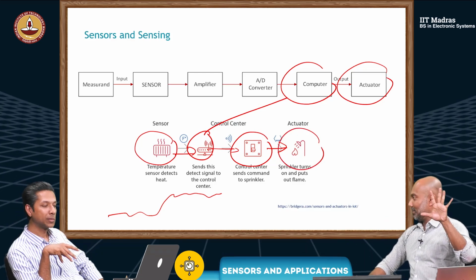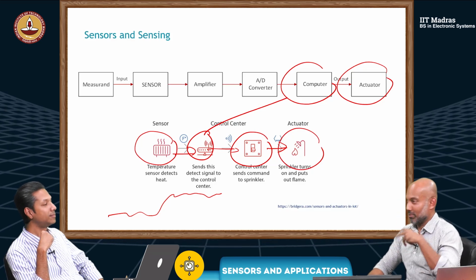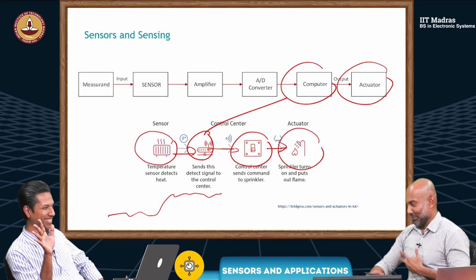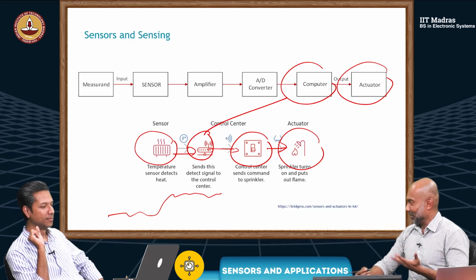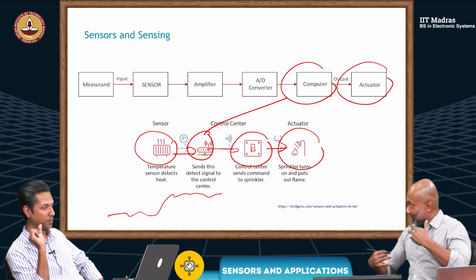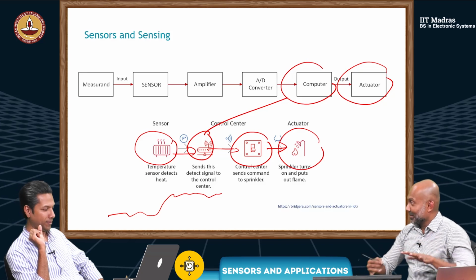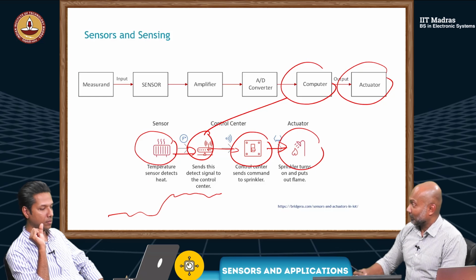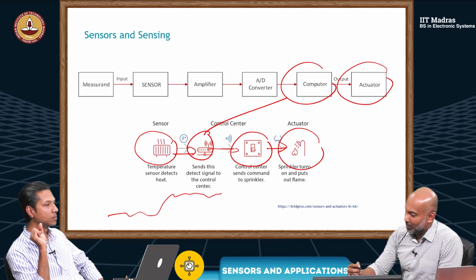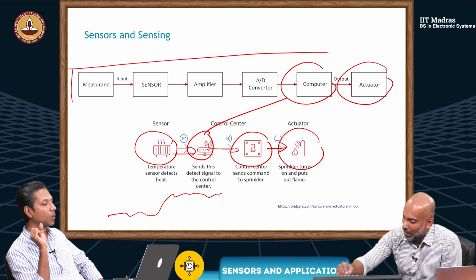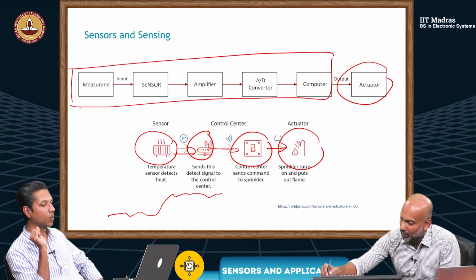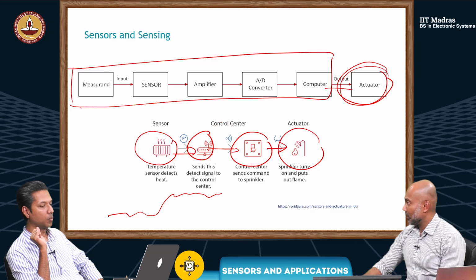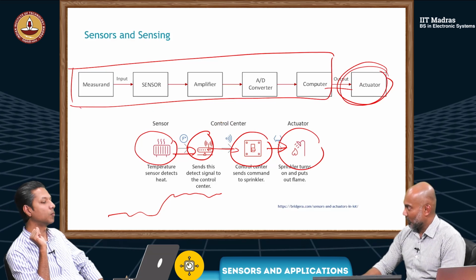It automatically turns on and sprays water to deal with the fire. It probably wouldn't put out the whole fire, but at least it will limit the damage. So here's an example where the output is fed into what is called an actuator, which performs a certain action.